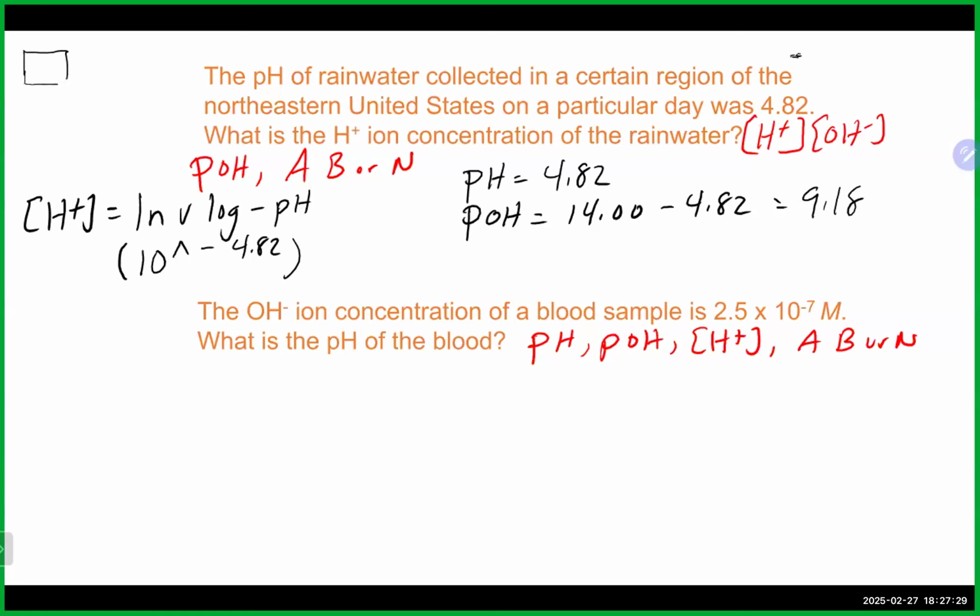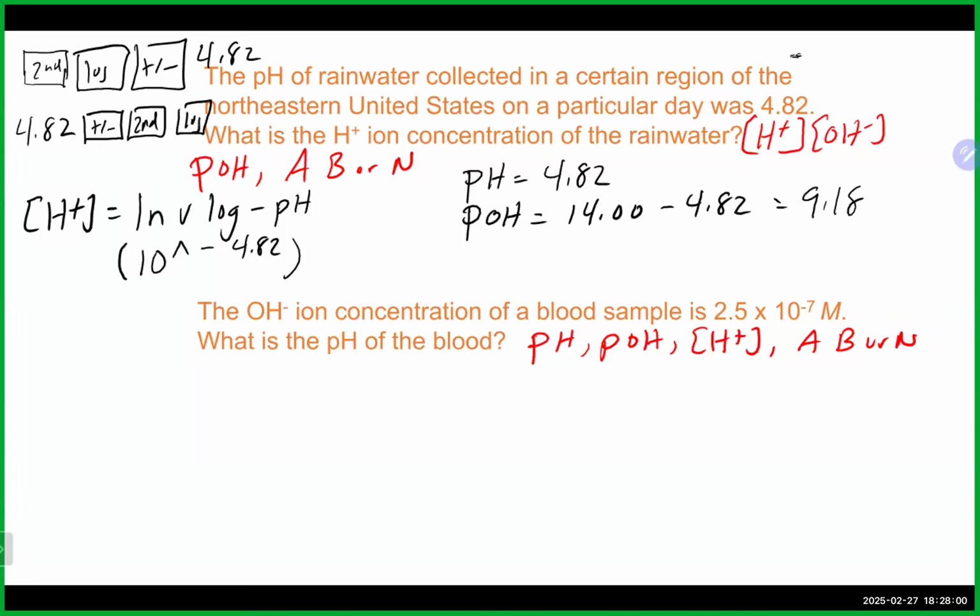If you have a display calculator, hit your second button, top left corner, or shift button, hit your log button, hit your negative button, and then punch in your pH of 4.82. If you have a non-display calculator, you need to punch in 4.82 first. You then need to make it negative by hitting the negative button. Then you need to do your second button or shift button and your log button. So depending on which calculator you have, you should do one of those two things.